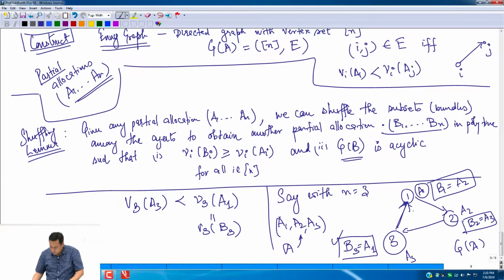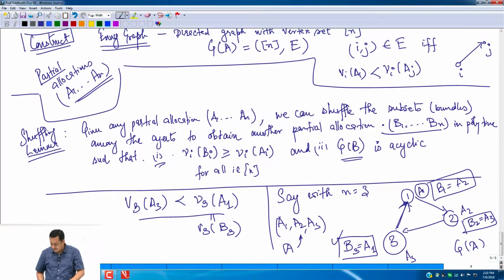I shuffle these two subsets, so I have equality here. This is just a notational change. What was A1 is now being called B3. So I have this, and the first strict inequality is because of the NV condition. So if I do this, certainly the first condition of the lemma continues to hold.